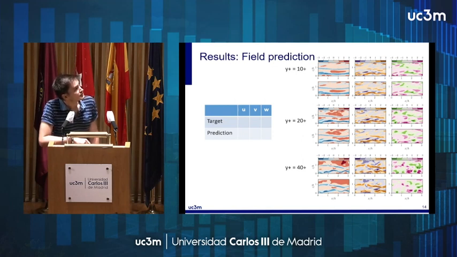And here I have some examples of the predictions that we made at different wall distances. We have the originals on top and the predictions on the bottom. As you can see, the most exact ones are close to the wall, but even in the far situation, we can observe the same patterns around structures. Of course it is not exact, but the main structures, which are the ones of special interest for control of turbulent flows, are being predicted.